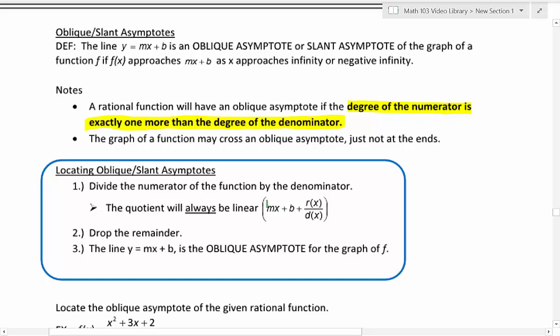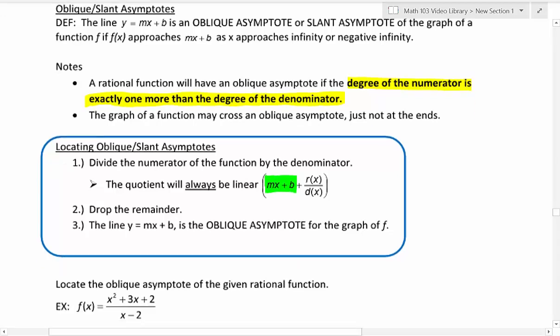So basically, we're going to divide, drop the remainder, but keep the linear term and constant term. Y equals those terms will be our oblique asymptote. And an oblique asymptote is a diagonal line, just like y equals mx plus b produces a diagonal line. That's what oblique asymptotes are.